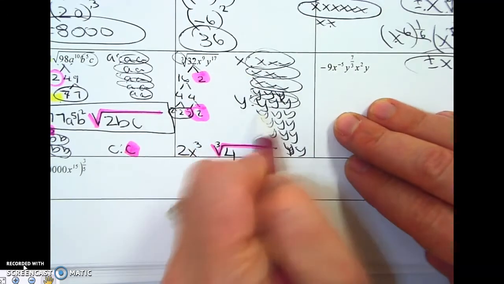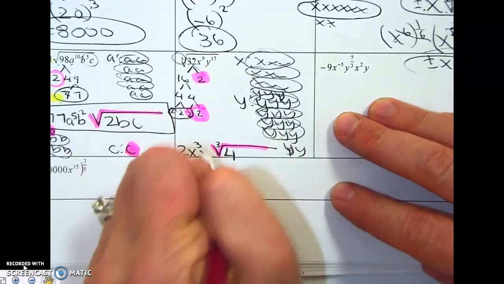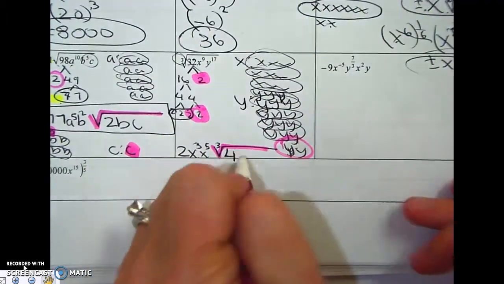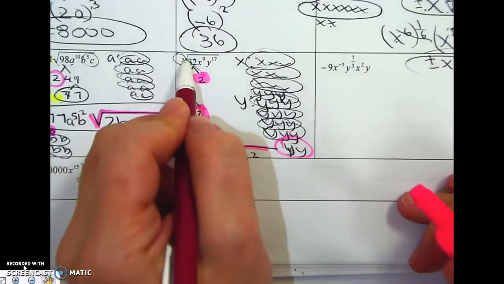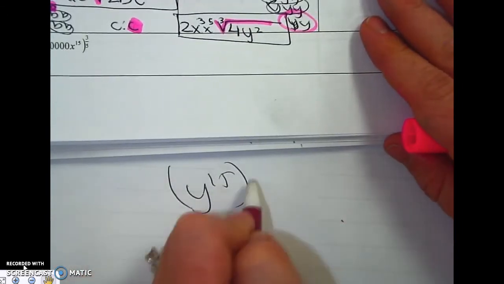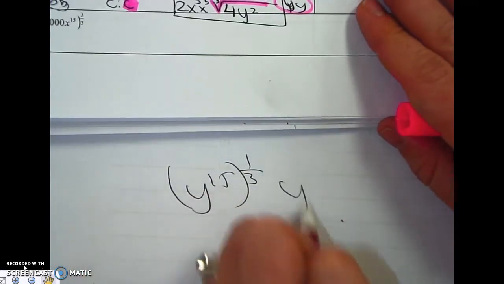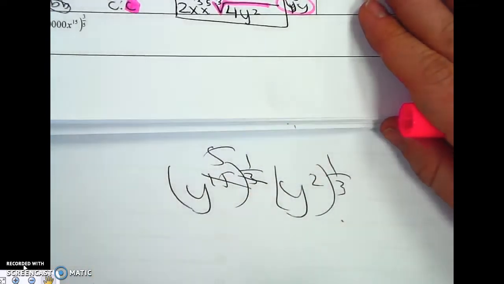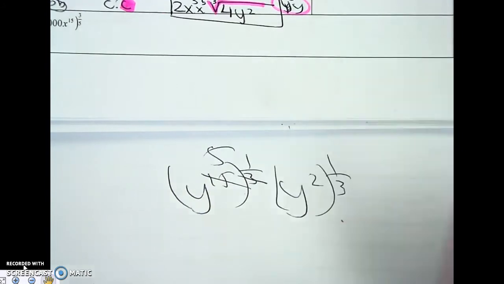So 1, 2, 3, 4, 5 y's, and then I'm left with 2 of them, so that's y squared. No plus or minus because it's cube root. If you want to rewrite y to the 17th as y to the 15th to the 1/3, and y squared to the 1/3, and there's your 5, that's fine. And that, I don't care. Just get there by showing work.